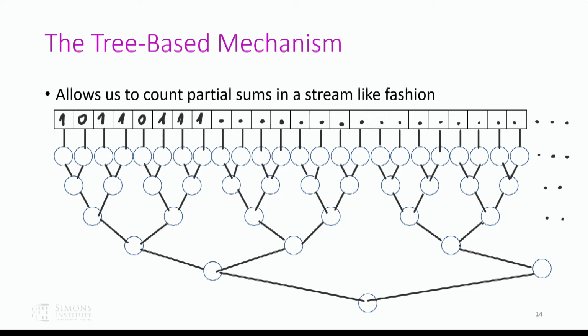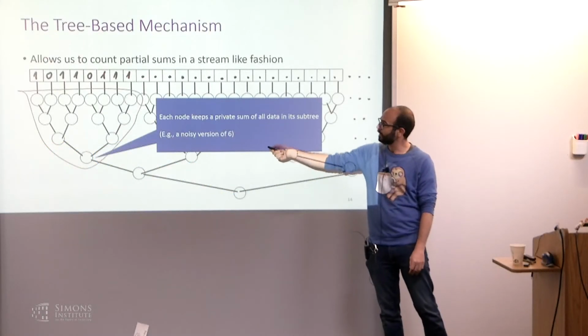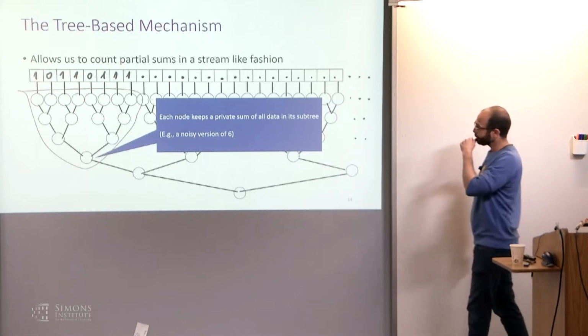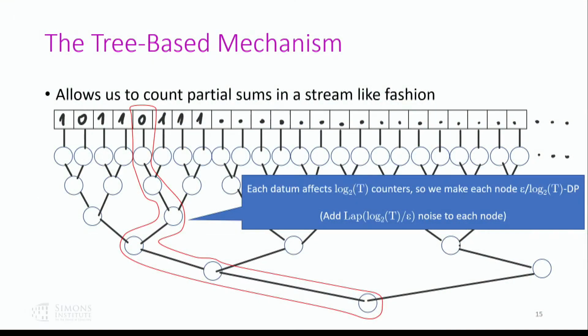Okay, so the idea of the tree-based mechanism: each node stores the sum of all the datums in its subtree. So in particular, this one should store a noisy count of 6, a private count of the sum of the entries below it. Note that each datum affects at most log t counters from the leaf to the root.